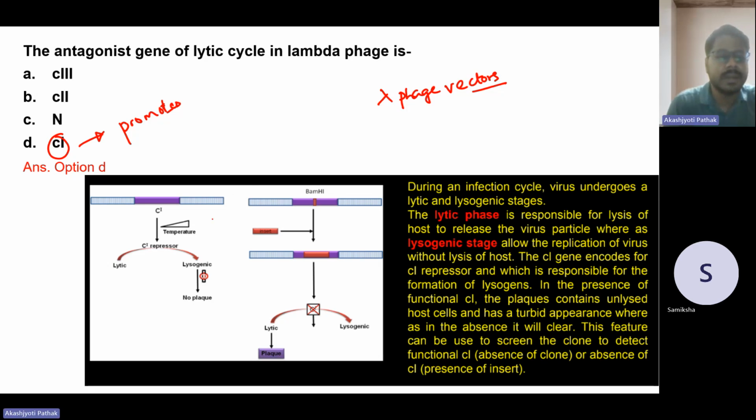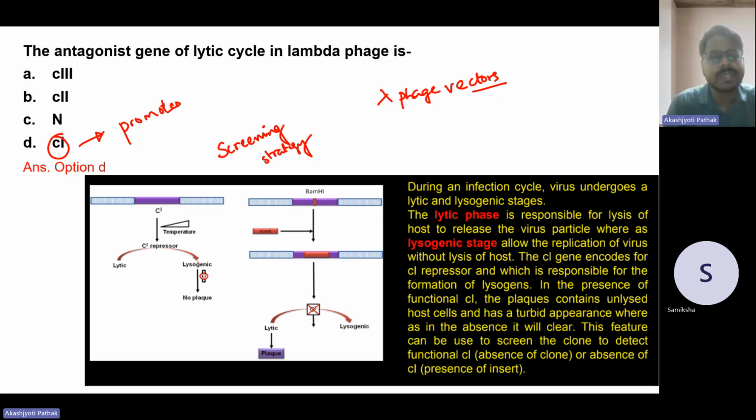So you see here, this is a lambda phage vector. This is again a screening strategy. This is the gene which codes for the C1 repressor protein, and the C1 repressor protein promotes the lysogenic cycle.